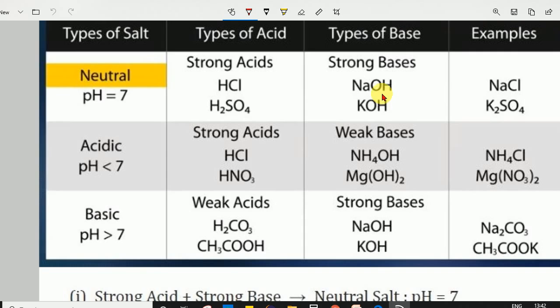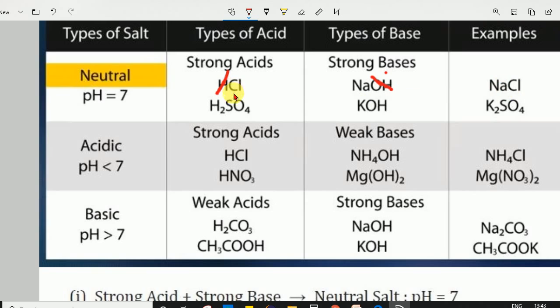Children, what you have to do is remove this OH ion and remove this H ion from the acid, and water will get formed. So HOH will form water and what is left is Na and Cl. This will form a salt, and in writing the formula, as you learned in class 9, you write the positively charged ion first and then the negatively charged ion. So the salt formed will be NaCl.